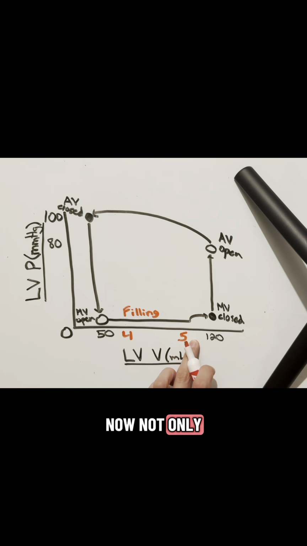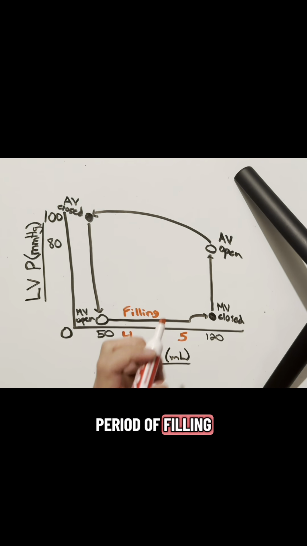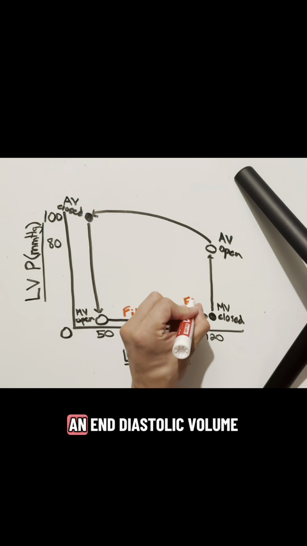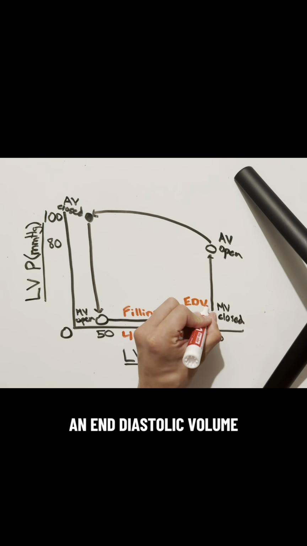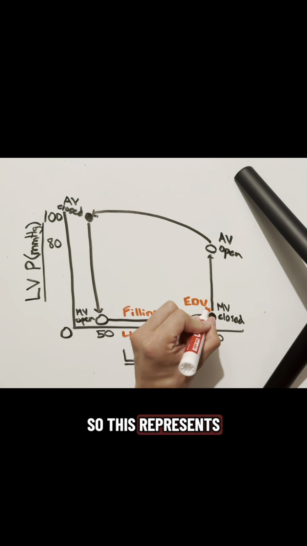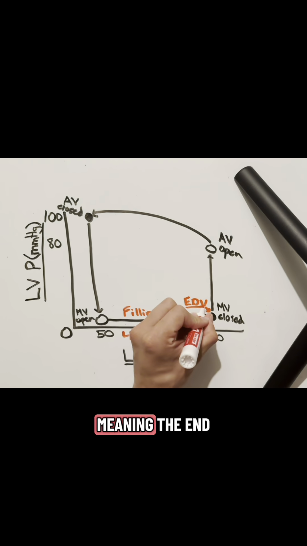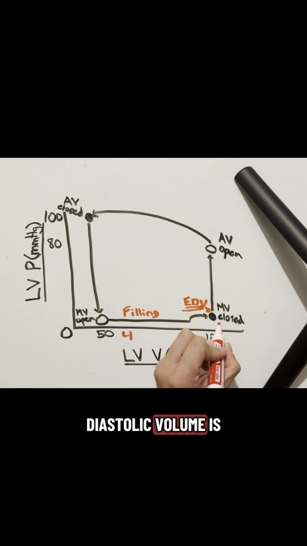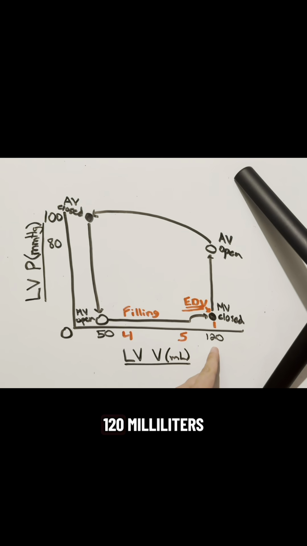Now, at the end of stage 5, and at the end of this period of filling, we will have an end diastolic volume. So this represents the end diastolic volume, meaning the end diastolic volume is 120 milliliters.